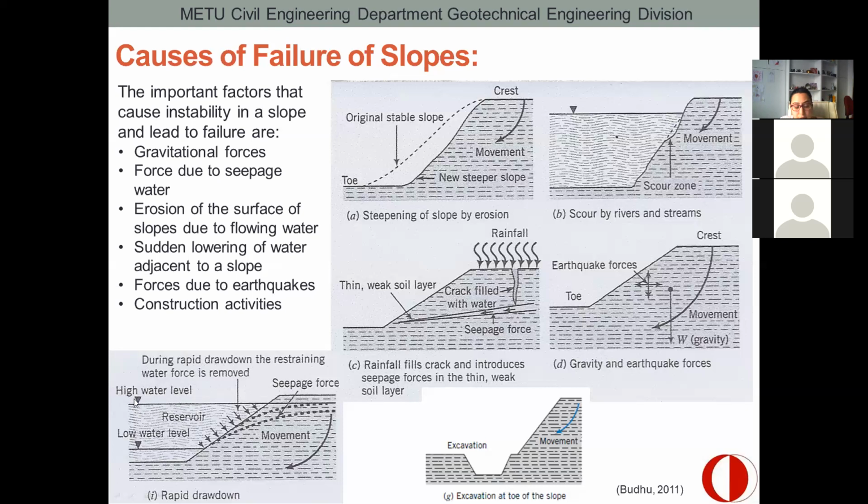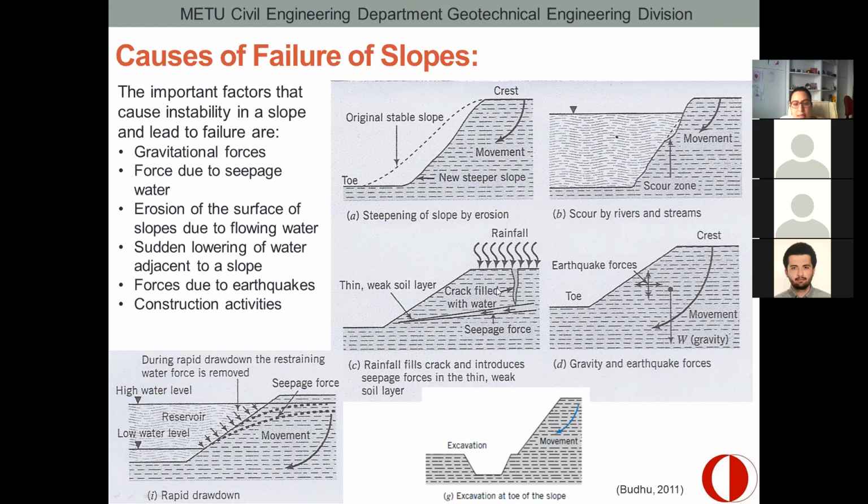And imagine that this water is helping the slope to stay in place. If you draw down the water, that helping water force is removed, which creates a seepage force and then slope failure. In this picture, you should see that there is no water reservoir, but there is some rain, okay?